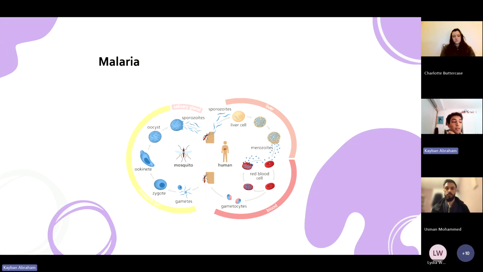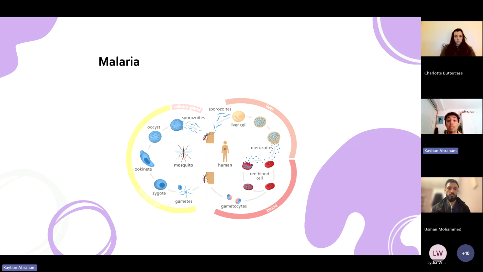Okay, so a short bit on malaria, just because it's probably the most common thing you'll be asked about. It's a really simple parasite, but the way that it works is incredibly complex. It's got 2 different life cycles. And we as people tend to think that malaria wants to infect us.